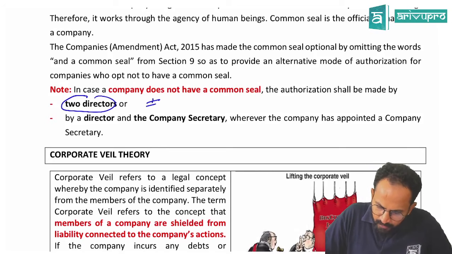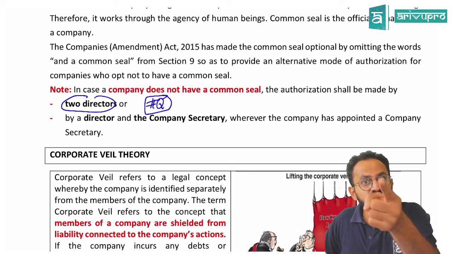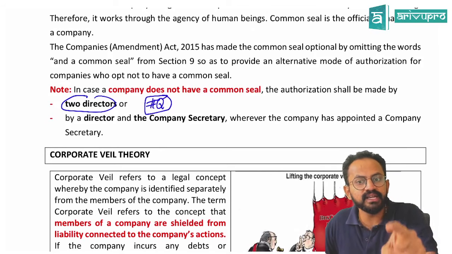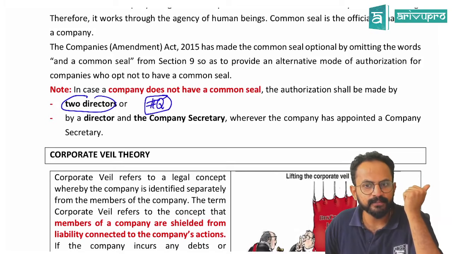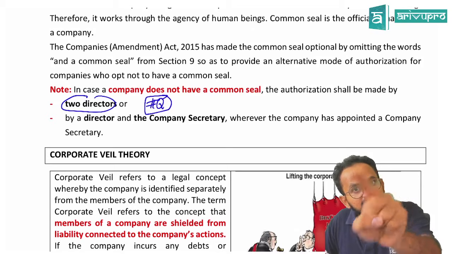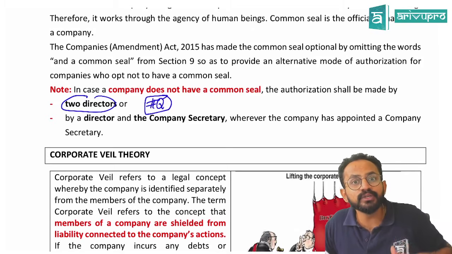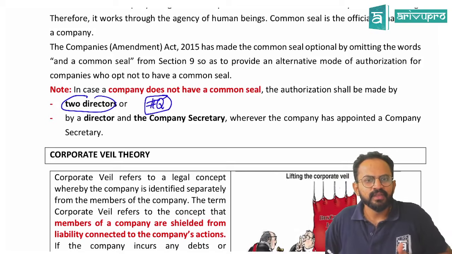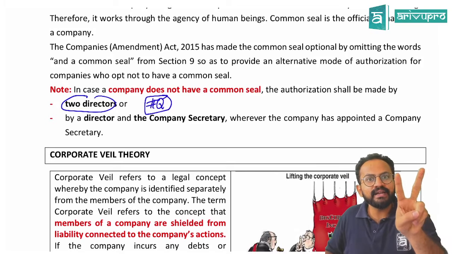Remember this, important. So how does a company which does not have a common seal authorize or enter into a contract? Are you getting the point? If a company does not have a common seal, how is the authorization made? Instead of pressing, two people are made mandatory to sign.